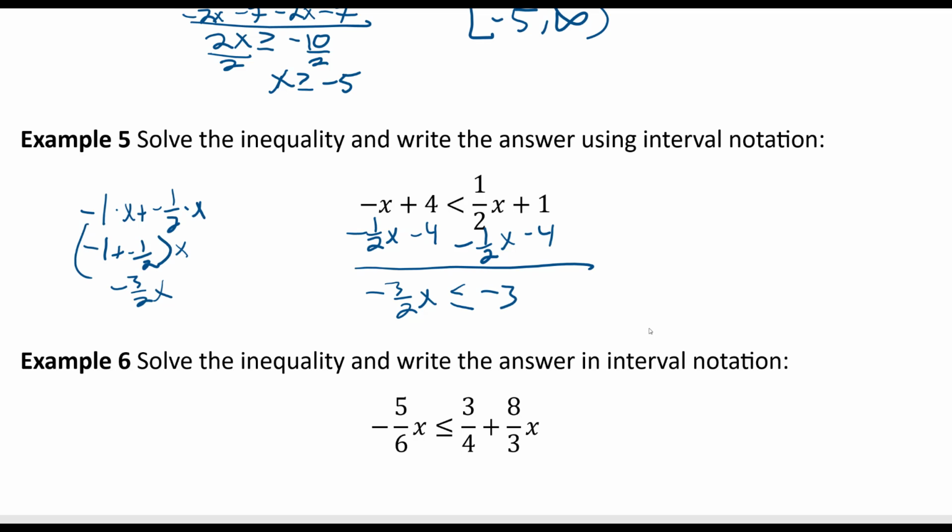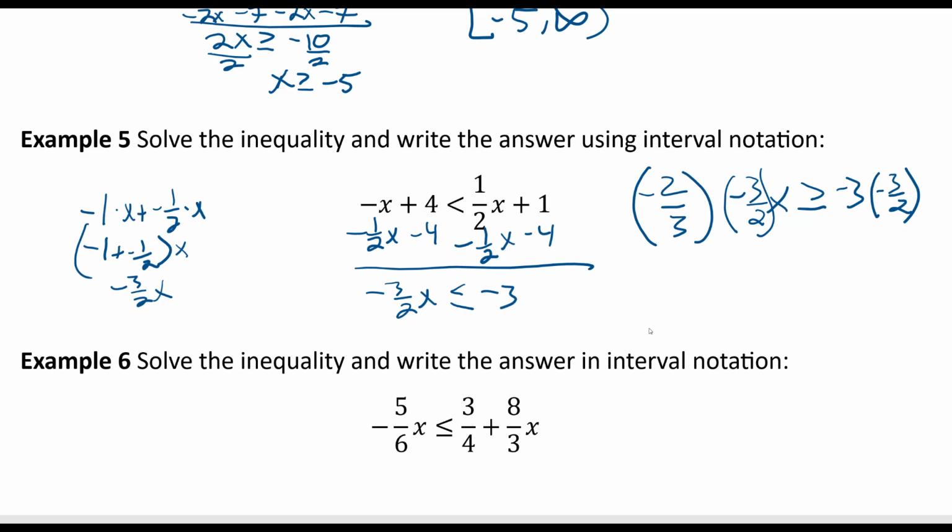So when you're dealing with fractions, I think the easiest thing to do is multiply by the reciprocal. And the reciprocal in this case is going to be, I'll just do it over here, negative 2/3 times that negative 3/2 x is, now that's going to switch the sign, makes it greater than or equal to negative 3 times negative 2/3. Oh, it was negative 2/3, excuse me.